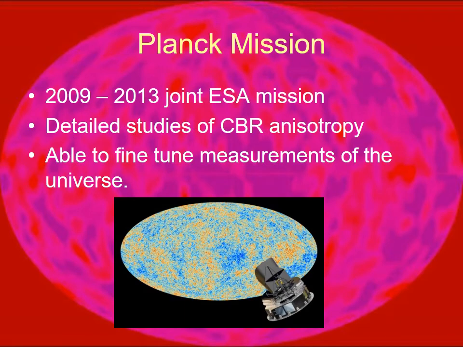However, the Planck mission, another orbital mission similar to the COBE satellite, a joint mission with the European Space Agency, also studied the Hubble constant. And they were measuring the variations in bright and dark in the cosmic background radiation. Fine-tuning those measurements allowed them to measure the exact Hubble constant.